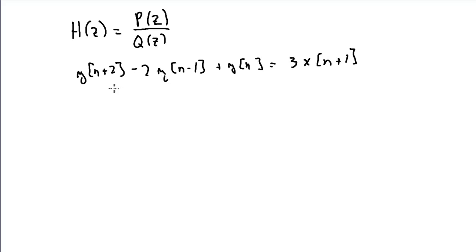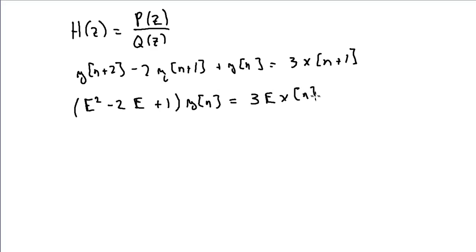The coefficients here make up our Q function, and in our operator notation, this would be e squared minus 2e plus 1 times y of n is equal to 3e x of n. This is our Q polynomial. Okay. This is our P polynomial.